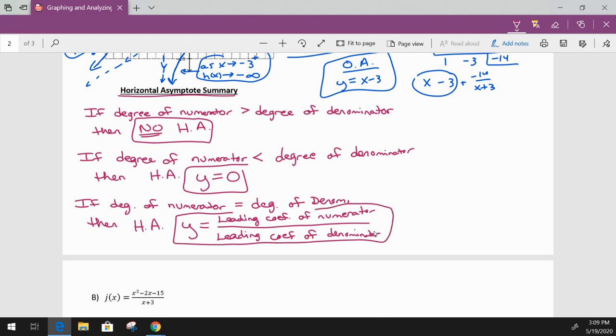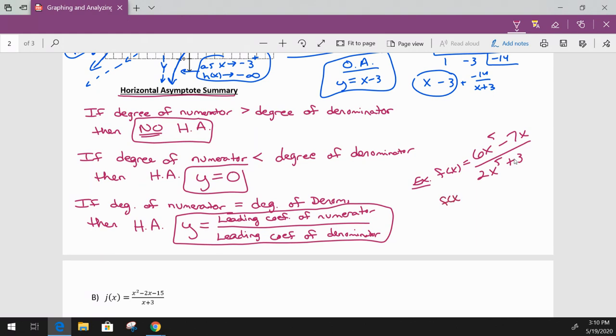That might sound a little complicated, so I'm going to show you a couple quick examples. Let's say you have f of x equals 6x to the 5th minus 7x over 2x to the 5th plus 3. As you approach positive or negative infinity, these terms basically go away.